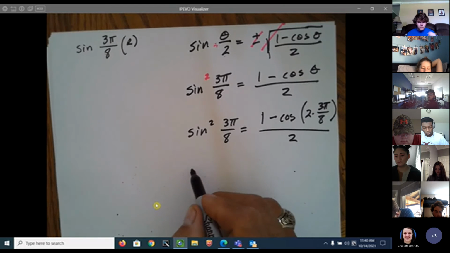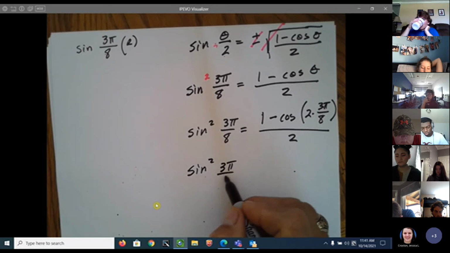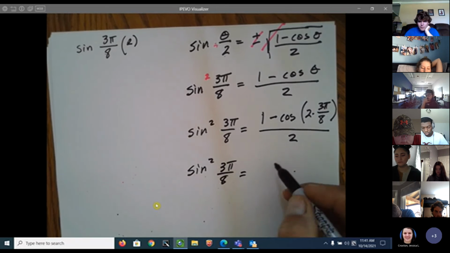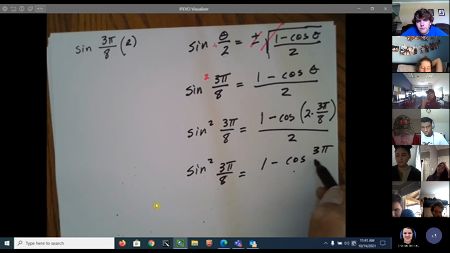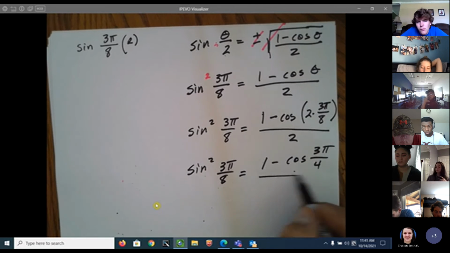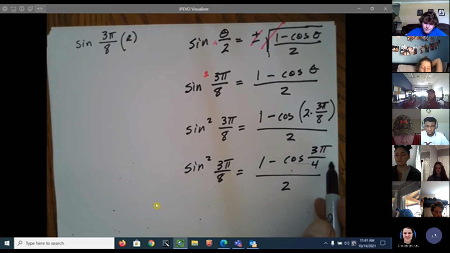And that's going to give us sine squared of 3 pi over 8 equal to 1 minus cosine 3 pi over 4, over 2. And now just find the cosine of 3 pi over 4.